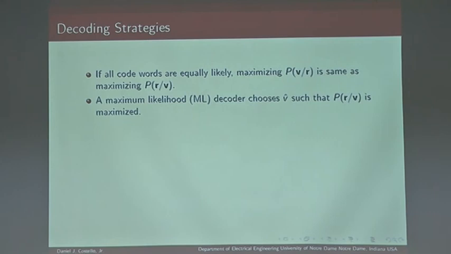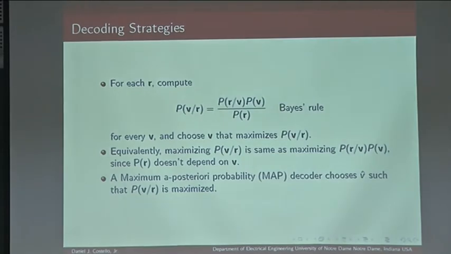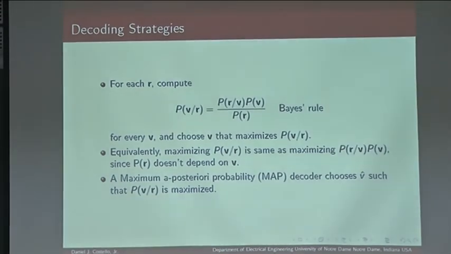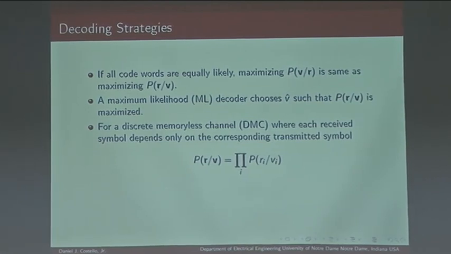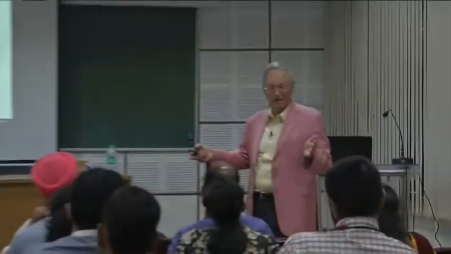So a maximum likelihood decoder chooses the V hat such that this is maximized. This is just the one term here, this guy. Now, I've indicated it's somehow going to be related to this epsilon thing, but the binary symmetric channel, the binary erasure channel, or if we leave it unquantized and assume Gaussian noise, what we normally refer to as the additive white Gaussian noise channel, those are all examples of memoryless channels.